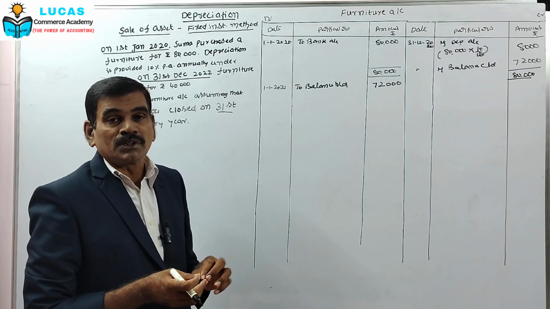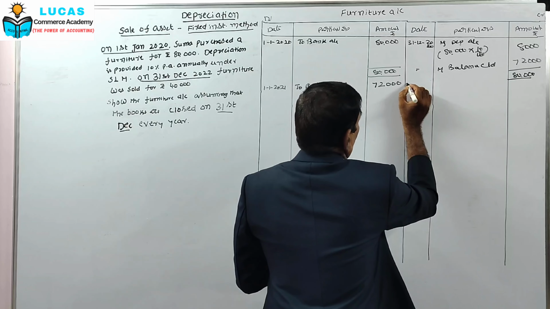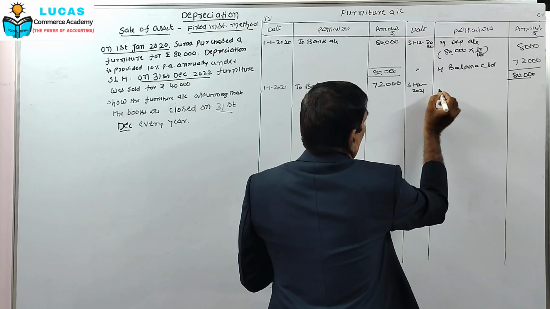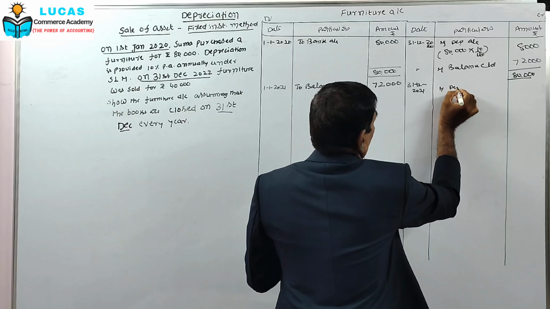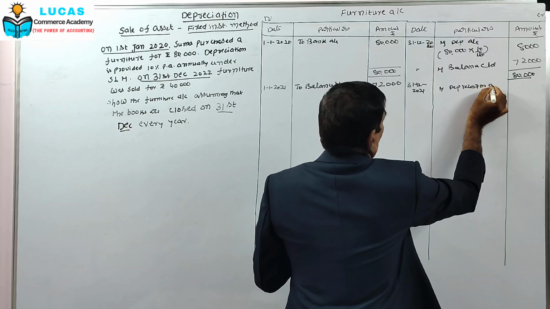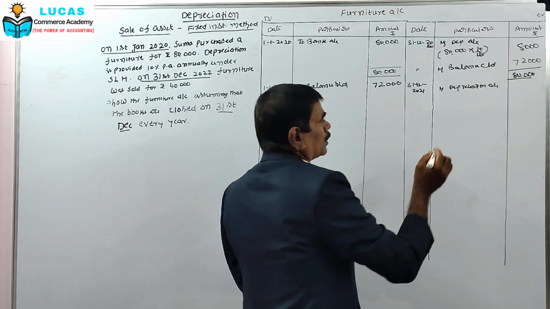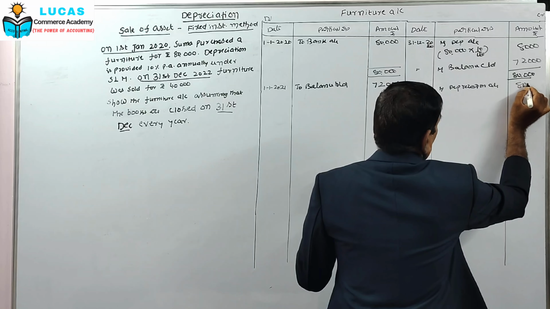31/12/2021. Hence, depreciation provided on 31st December 2021. So, credit side 31/12/2021, by depreciation account. Same. We are following fixed installment method. Same amount of depreciation should be taken. So 8,000.